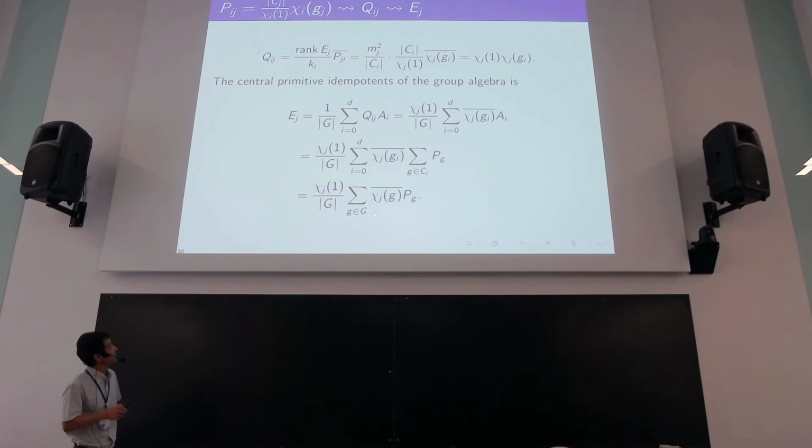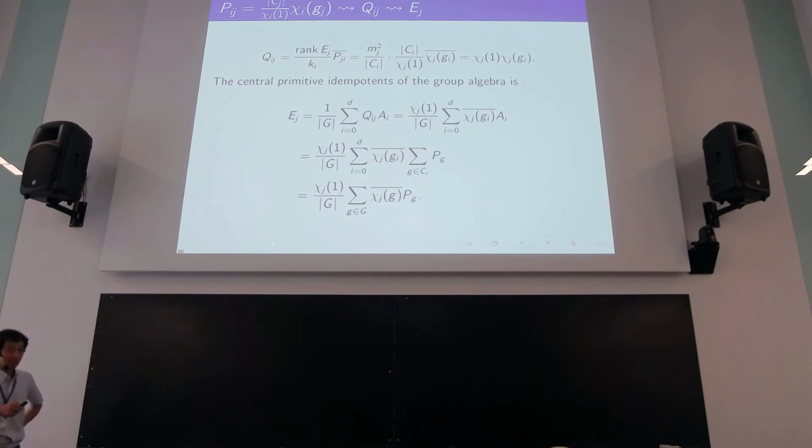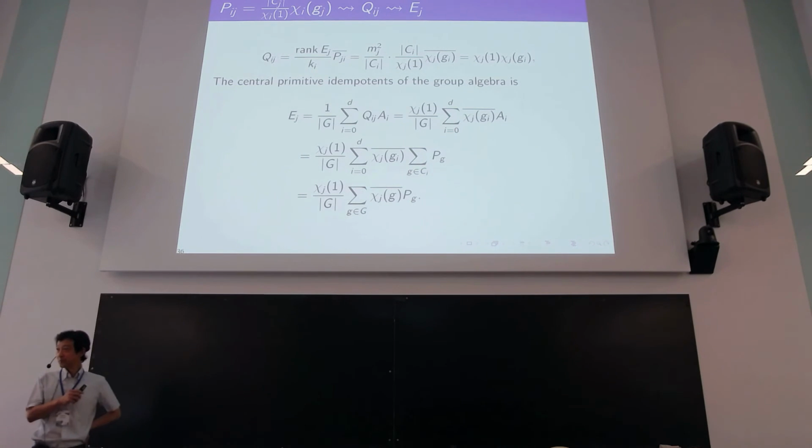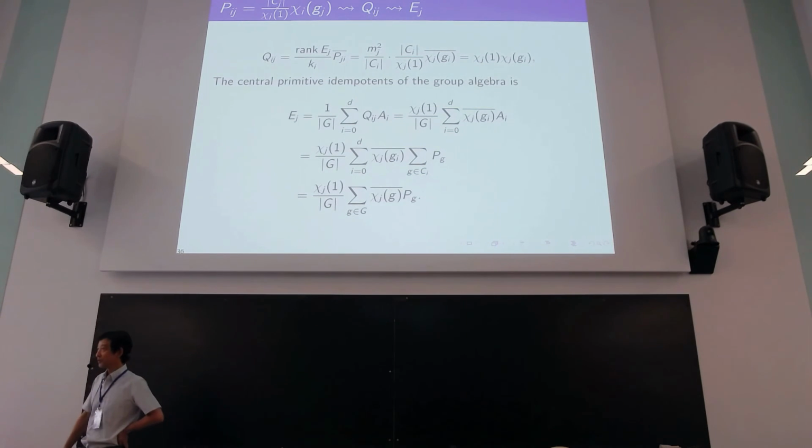This particular element expressed in terms of the basis of the group algebra is the central primitive idempotent. So this is a single generator of the two-sided ideal of the group algebra. And I will use this formula to decompose a more general permutation representation.